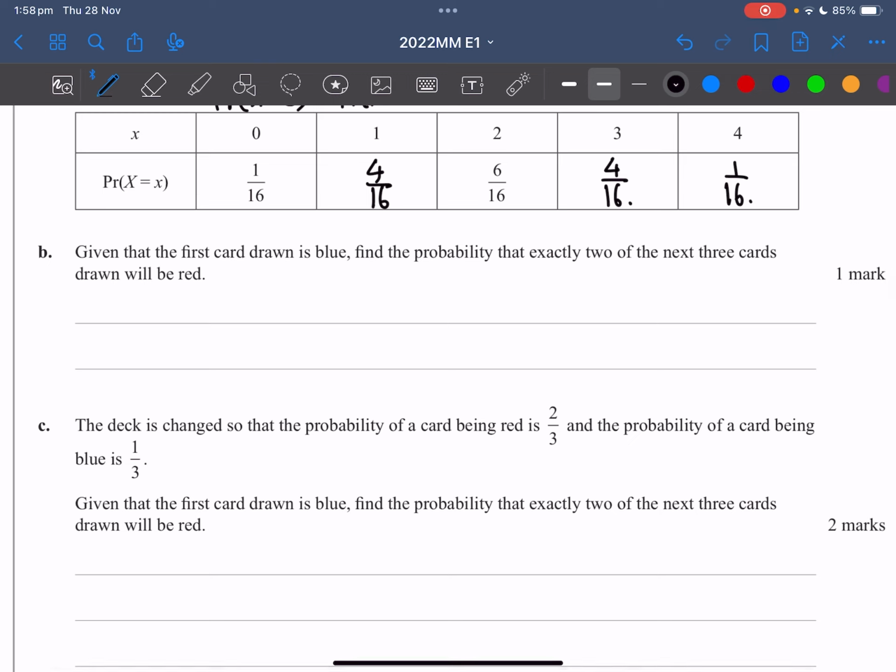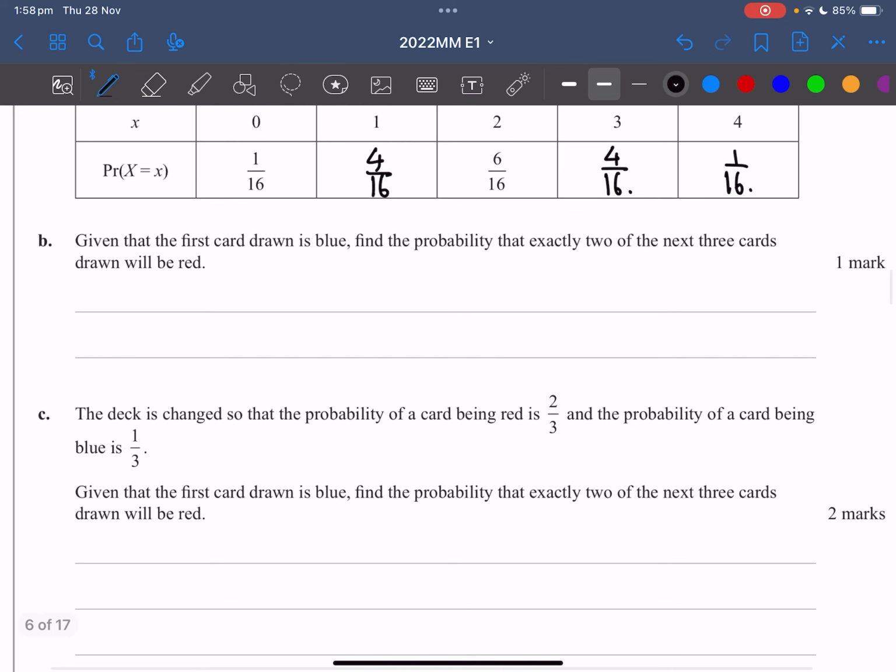So next question: given that the first card drawn is blue, find the probability that exactly 2 of the next 3 cards drawn will be red.